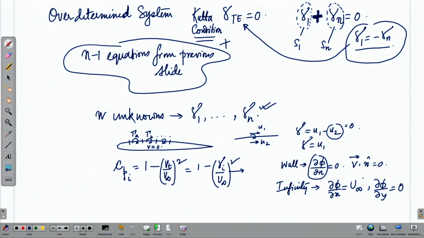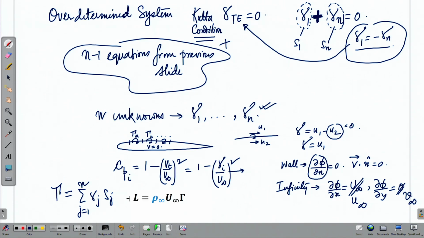So, you can replace it with u and v, but maybe you can assign a u infinity and v infinity here. How do you find out the circulation? You just do a sigma of gamma j S j over the n panels, and that of course gives you the circulation per unit span, and from there you can compute the lift per unit span.